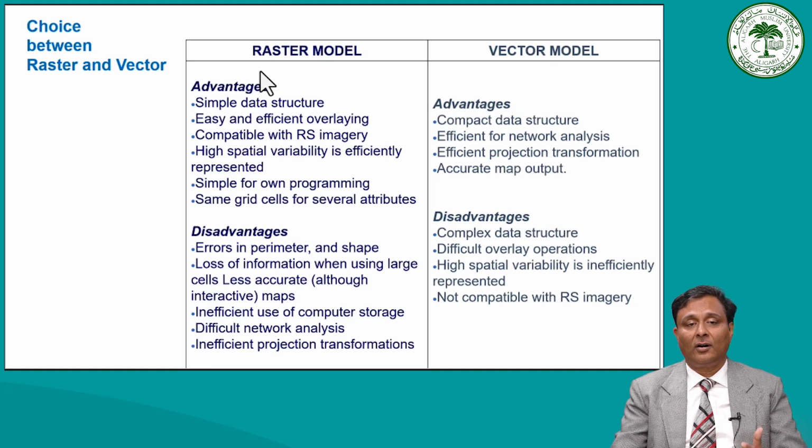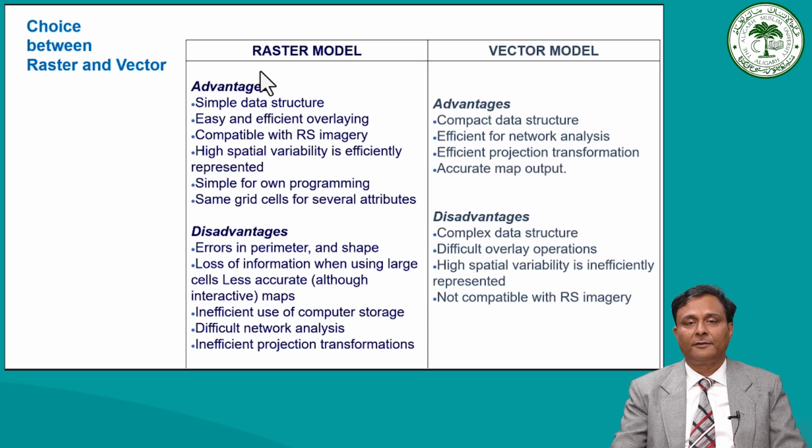Those are all advantages. Among the disadvantages of raster data are errors in perimeter and shape and loss of information. Whereas the disadvantages of vector data include that they are complex as well as voluminous.